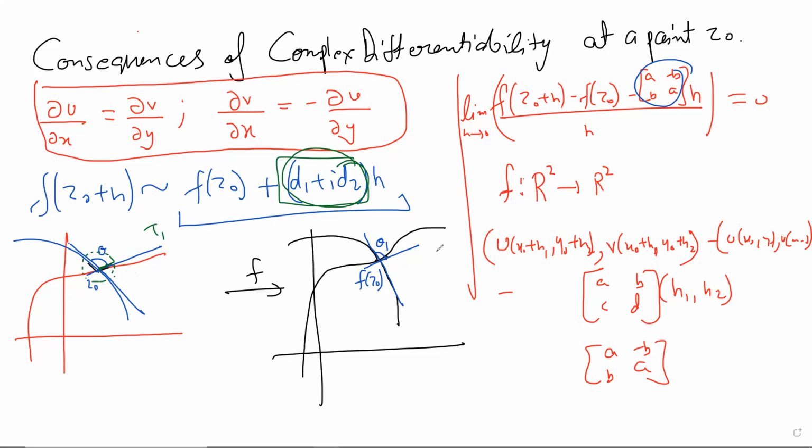So T1 will go here, and it would have been rotated. That's all that matters. The stretching doesn't matter here. It will get rotated by a certain angle. This T2 will also get rotated by the same angle. There will be an error epsilon, but you can make that error as small as you want.